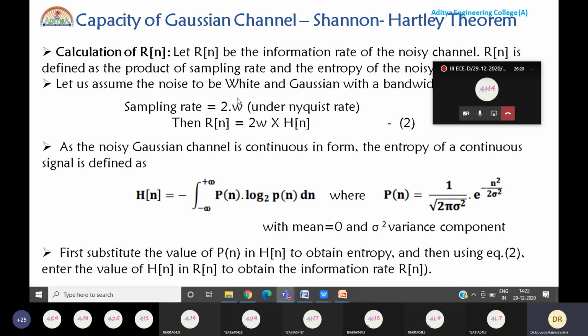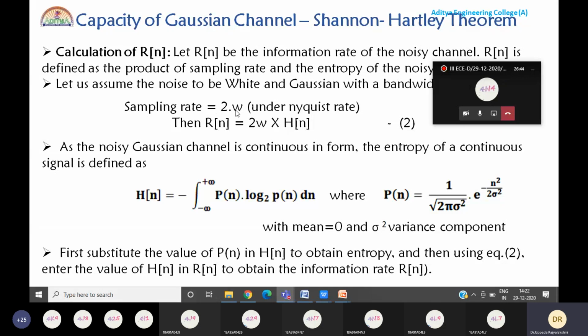Now, in order to get R of n, you need H of n, because omega is a known factor. Here omega is nothing but the frequency of the continuous signal. In the earlier cases we considered this as a message signal FM, but here, because the noise is also Gaussian, we have considered it as omega.